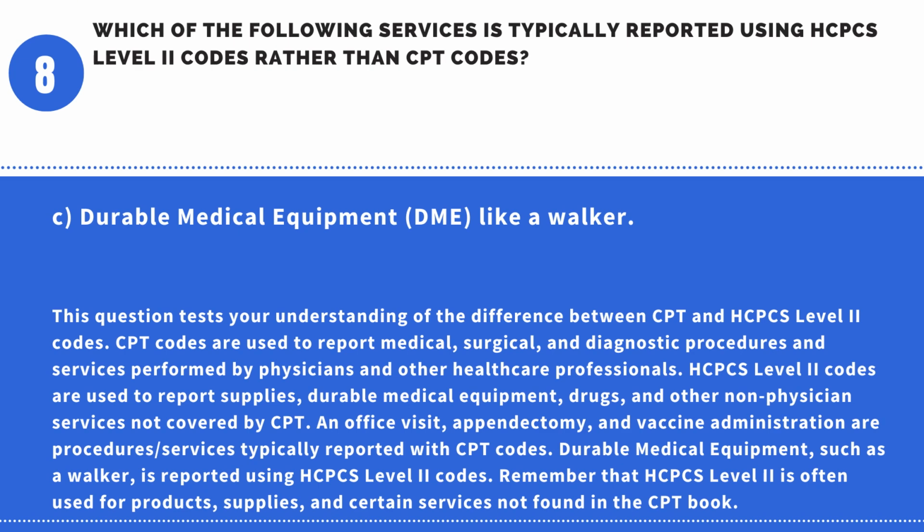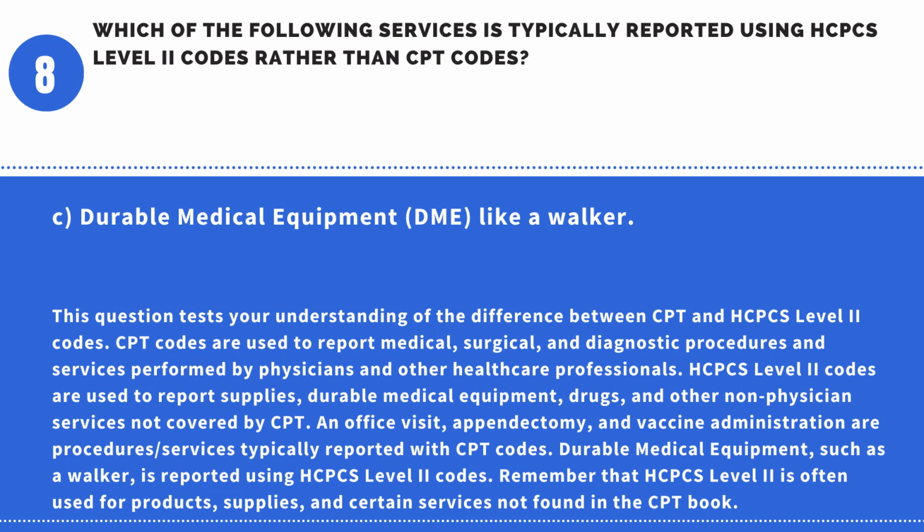This question tests your understanding of the difference between CPT and HCPCS Level II codes. CPT codes are used to report medical, surgical, and diagnostic procedures and services performed by physicians and other healthcare professionals. HCPCS Level II codes are used to report supplies, durable medical equipment, drugs, and other non-physician services not covered by CPT.